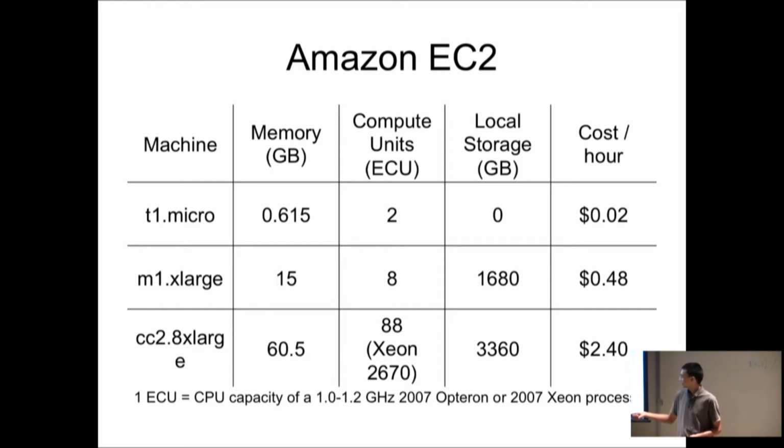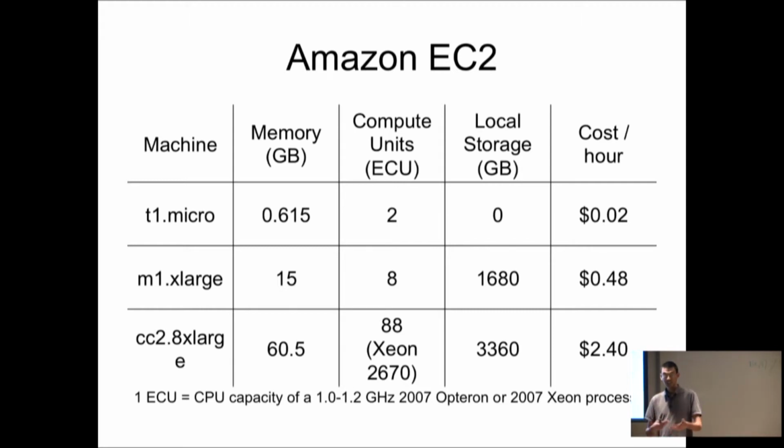But they have also given you access to even larger machines, like the CC2.8 extra large at the bottom, which has around 60 gigs of RAM and an Intel Xeon processor beneath it. One funny thing which I should explain is these compute units in the middle column. They're in this unit called ECU. The problem here is that Amazon keeps refreshing its hardware.